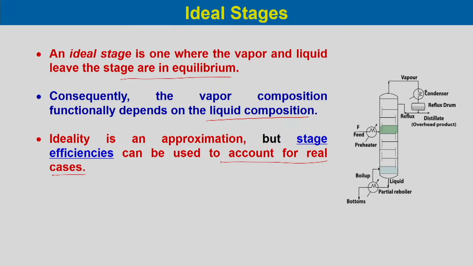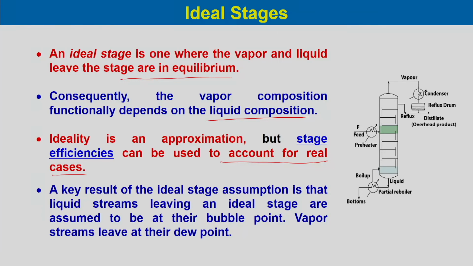So, to find out the real number of stages required for a particular separation, we use stage efficiencies. A key result of the ideal stage assumption is that the liquid streams leaving an ideal stage are assumed to be at their bubble point and the vapor stream leaves at its dew point.